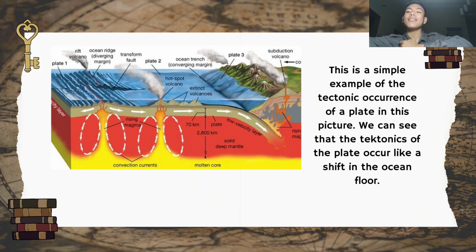We can see that the tectonic plate acted like a sieve in the ocean floor, and this is an example of the picture.